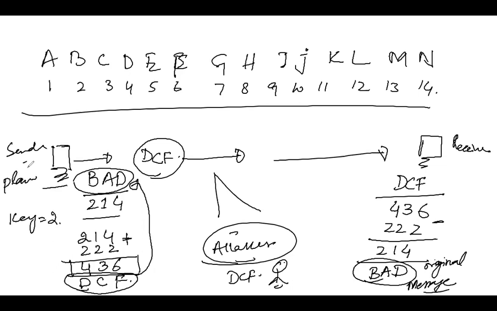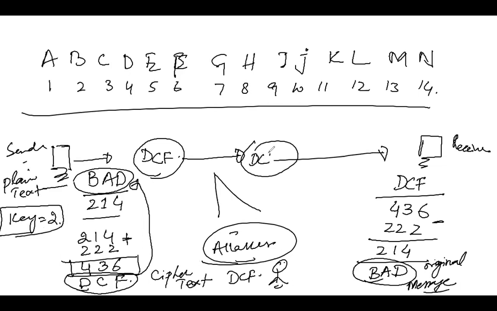So now you should understand that this BED is actually the plain text. This is the key, and this one is called ciphertext. So actually the ciphertext will travel on your link, DCF. The ciphertext will go over here. Then again the same key is used for the decryption process.